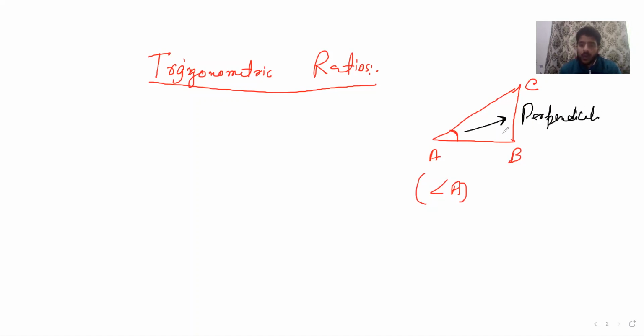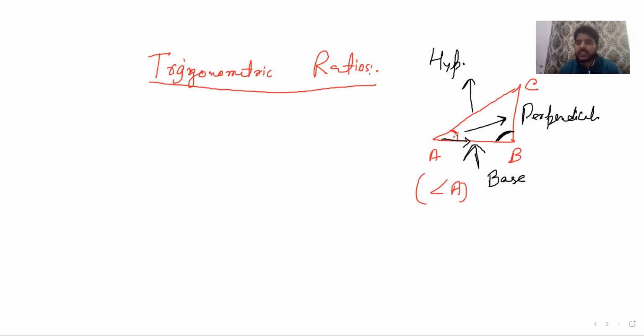And the longest side, that is the side opposite to the 90-degree angle, will be called your hypotenuse. And the remaining adjacent side will be called your base.